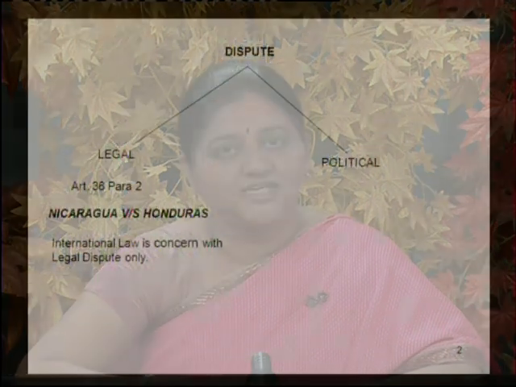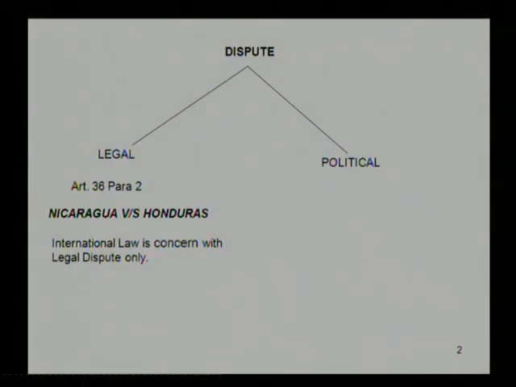And my friends, by its judgment, the Court held that the state of Honduras, situated nearby the Caribbean Sea, has sovereignty over all four islands. So Nicaragua was not allowed to attach these four islands to its territory.